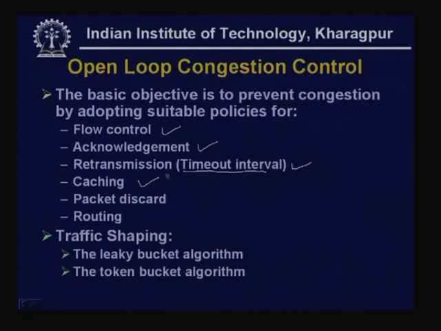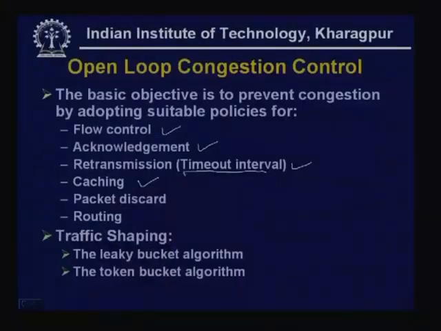Then the caching policy. We have seen that there are two approaches whenever the automatic repeat request technique is used, that means for error control. We know that you can use either go back N ARQ, or it can be the selective repeat request protocol.